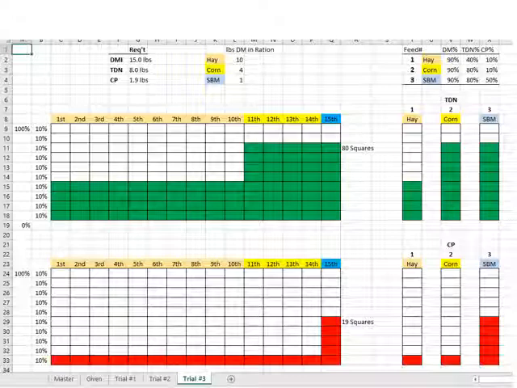I replaced corn with soybean, brought soybean in. It's got as many tenths of a pound of TDN as my corn. So substituting 1 pound for 1 pound is not going to change my TDN. I've got 80 squares. Each square is 1/10 of a pound. That works out to 8 pounds of TDN, which is where I want to be.